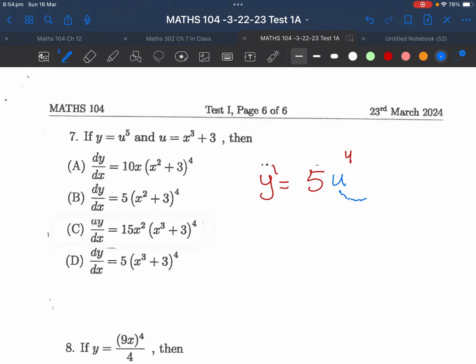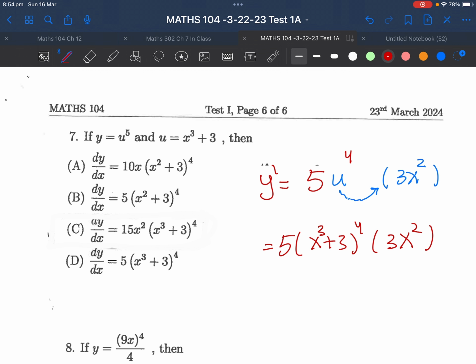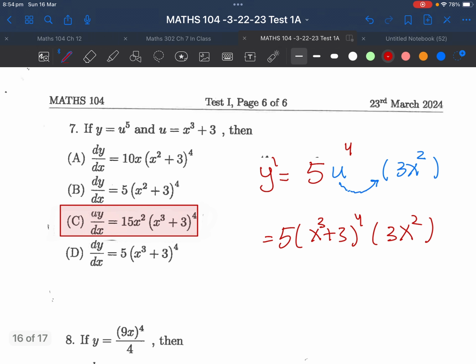After we finish, we have to find the derivative of u. What is the derivative of u? It is 3x squared. So the final answer will be 5u to the power of 4 times 3x squared. Now what is u? u is x cubed plus 3. Now we ask ourselves, which one of these is the same answer? It is the one with 15 in front of it.